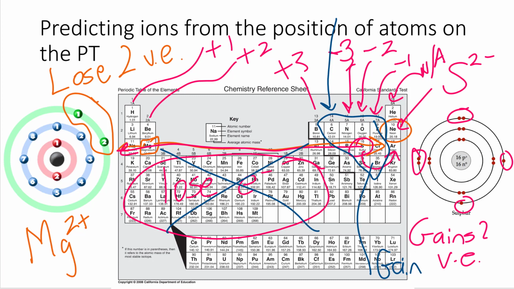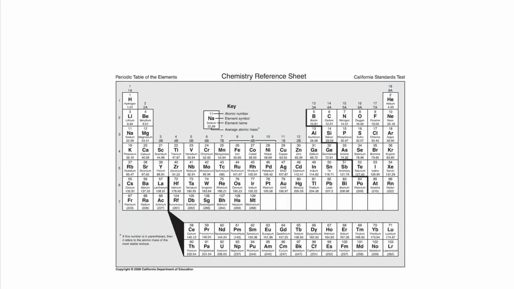So the pattern is, from the left, group 1A has 1 valence electron, and when it loses 1 electron, it becomes +1. The second group will lose 2 electrons and become +2. The third group will become +3 when it loses 3 electrons. Remember, electrons are negative, so when you lose them, the atom becomes positive. Group 7A will gain 1 electron to become -1.